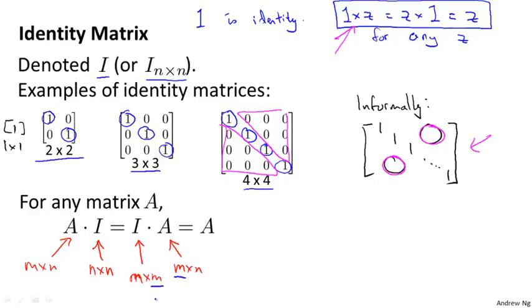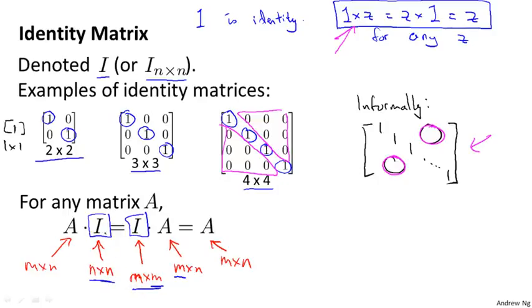In either case, the outcome is you get back the matrix A, which is m by n. So whenever we write the identity matrix I, very often the dimension will be implicit from the context. These two I's are actually different dimension matrices: one may be n by n, the other m by m.